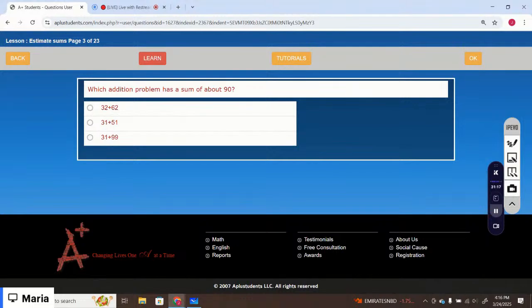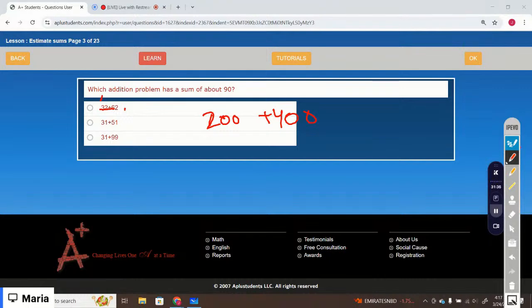Which addition problem has a sum of 90? So let's just see which one when added makes 90. 32 plus 62. 32 is rounded to 30 and 62 rounded to 60.